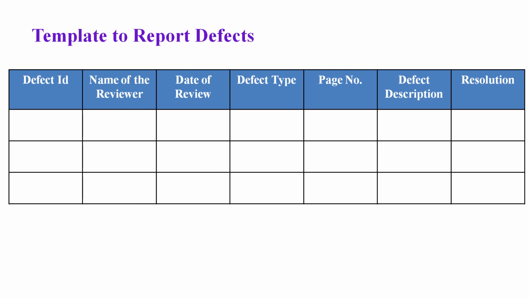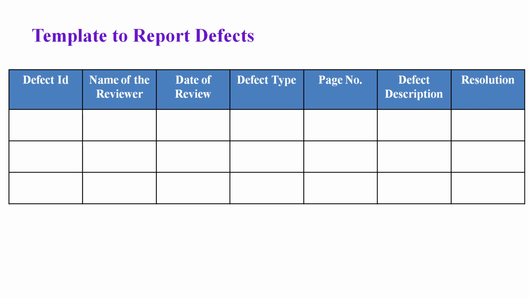Next is the defect description. After finding the defect, the concerned reviewer has to write the description about that particular defect. This is called a defect description. This defect description should be very clear and complete, and there should not be any confusion, any mistakes, or any ambiguity in it. So the defect description is very, very important to refer the author.